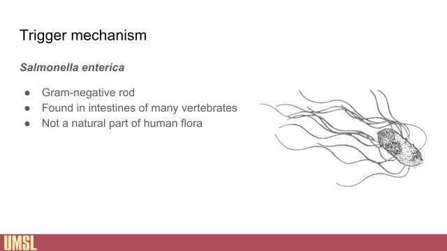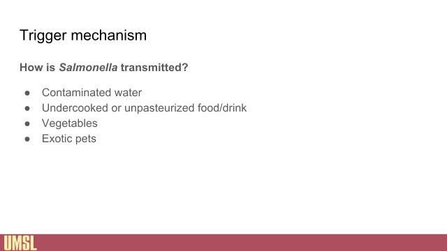So that's one of the reasons you're told, if you're handling reptiles, wash your hands after you're done, before you go eat and drink things, because your chance of getting Salmonella from contact with reptiles is pretty high. So it's not a natural part of the human flora, and we'll see some of why in a second.